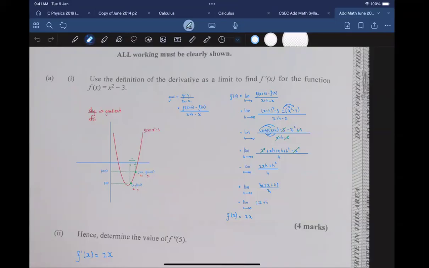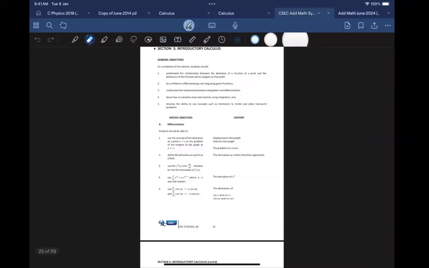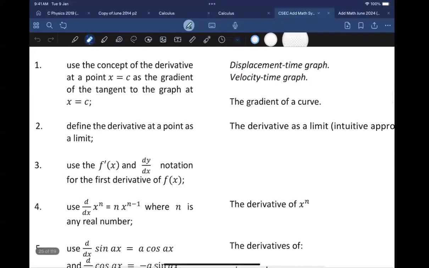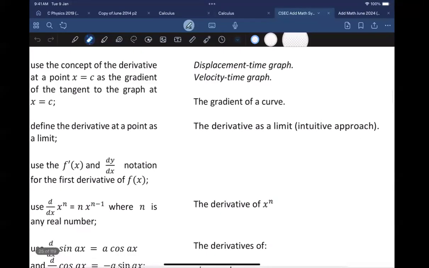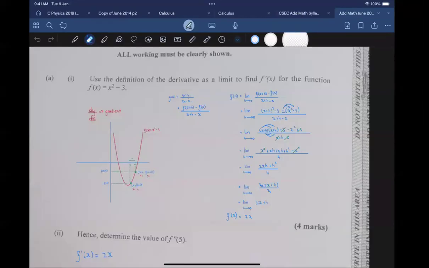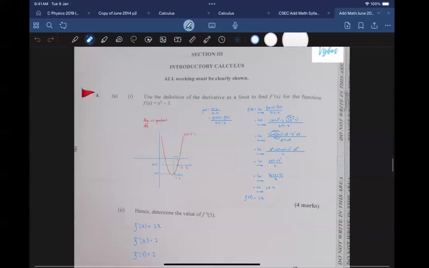But watch, it's in the syllabus there. Check it out: define the derivative at a point as a limit. The derivative as a limit, intuitive approach. What is that supposed to mean? But it came in 2024, and nobody was expecting that.